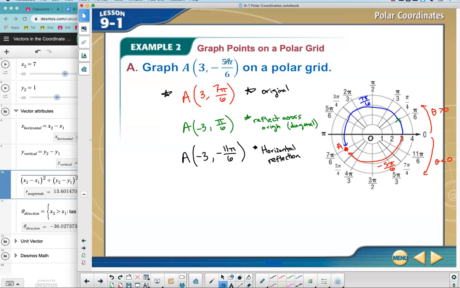And the original negative, it will appear to be a vertical reflection. So from 5 pi over 6 to 7 pi over 6, it appears to be vertical. So this one will always appear to be, if it's just the angle, a vertical reflection. Now that's not mathematically the best way of doing it, but that is by appearance how they work. Okay, so I'll show you that a few more times. I'm not just going to show you this once.